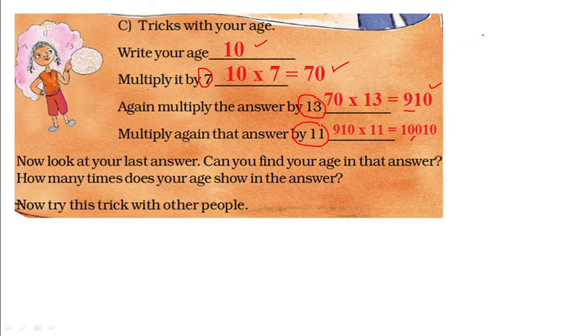If you will put your age 11 here, what will you do in next step? You will multiply 11 into 7, then 11 into 7 is 77.